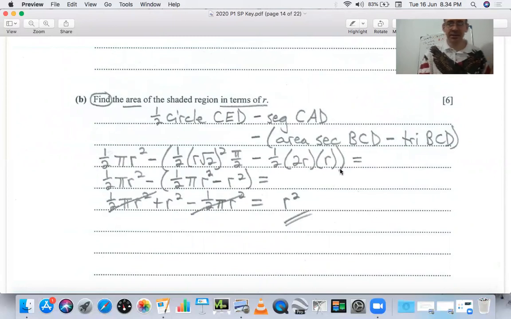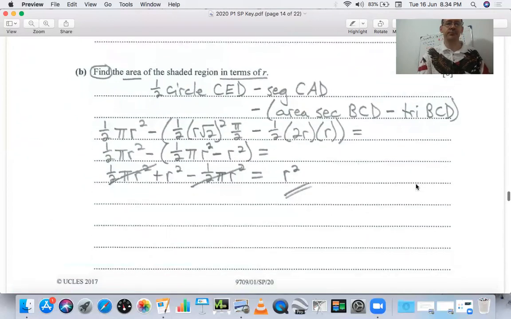The segment is the area of the sector minus the area of the triangle. Notice this negative between the two needs to distribute. So be careful that this negative stays on the outside, and that your segment formula, the area of the sector minus the area of the triangle, is in parentheses, because this negative will have to distribute later on.